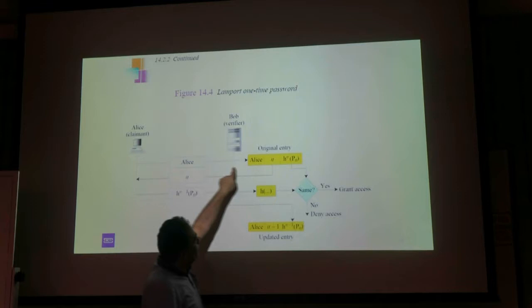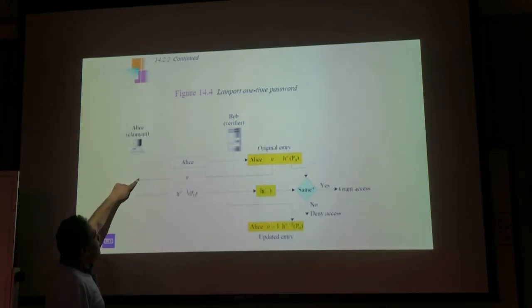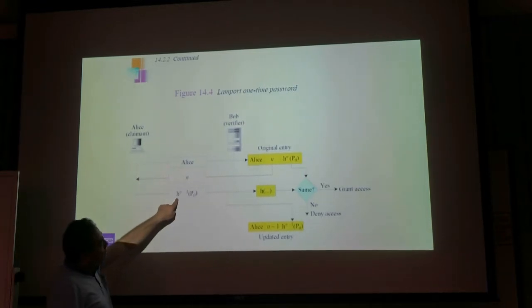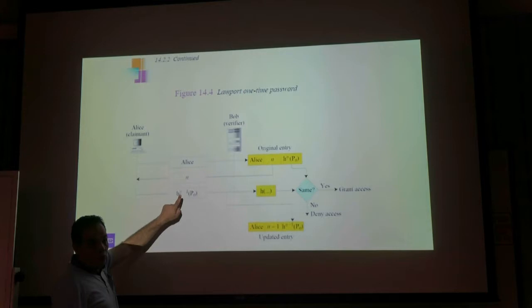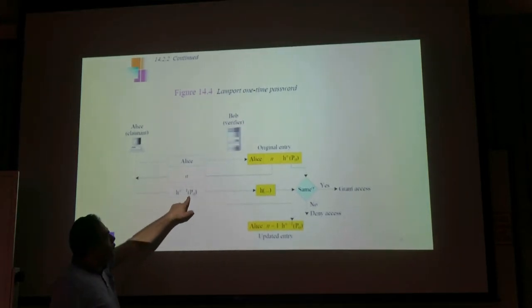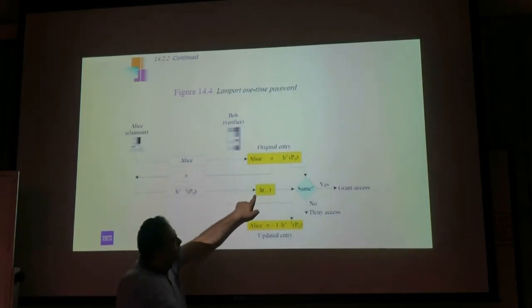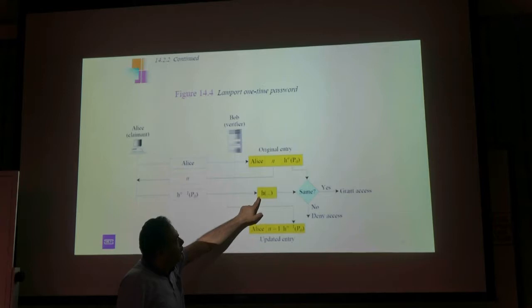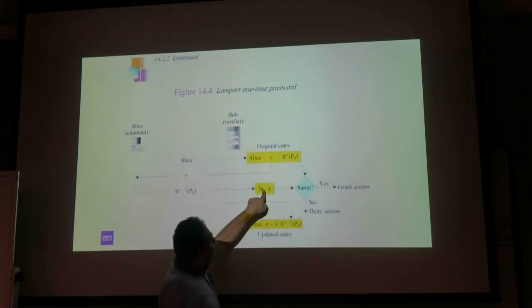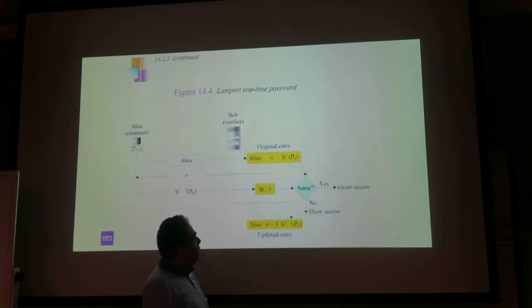Alice will ask for the password. It will send n to Alice. So Alice will calculate the hash n minus 1, because they agreed on the password. It will send it. All right, you calculate the hash. If the hashes are equal, then you grant access. Otherwise, don't grant the access.